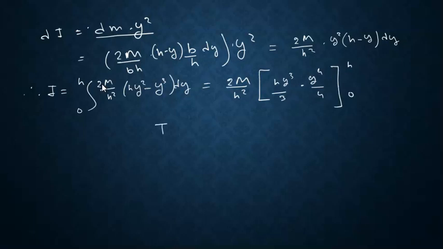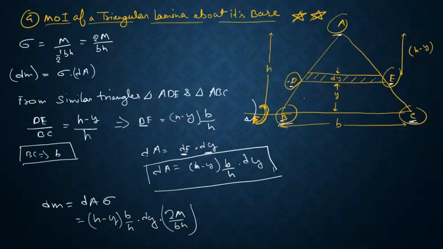So after calculation we will get that I equals M h square by 6. So this is the value of the moment of inertia of a triangular lamina if we rotate it about an axis situated on its base.